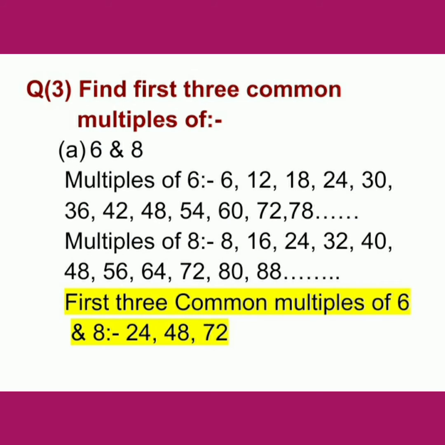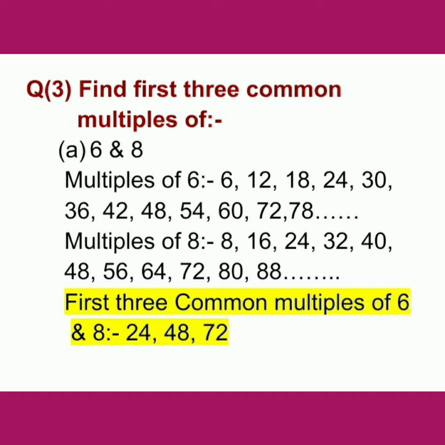Question 3. Find the first 3 common multiples of 6 and 8. You know how to find the multiples. Multiples are countless, infinite, okay? So multiples of 6 are 6, 12, 18, 24, 30, 36, 42, 48, 54, 60, 72, 78 and so on.